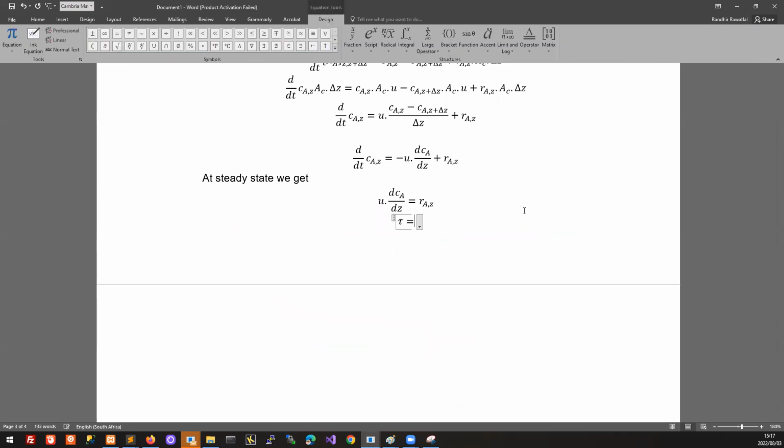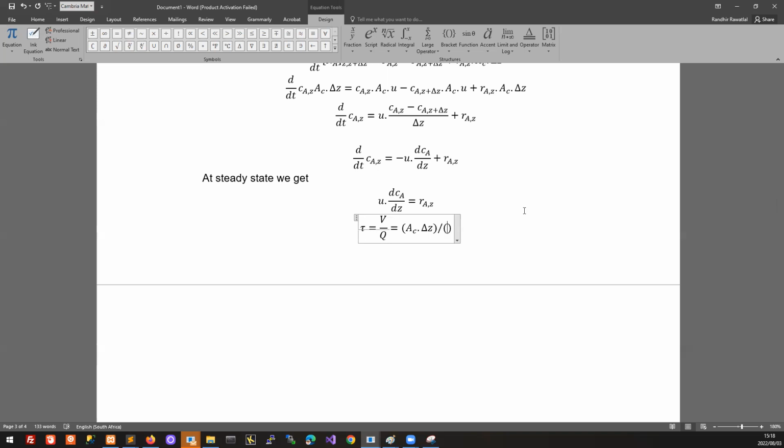So we can say here, tau equals V over Q, and V is nothing but AC times, let's call it delta Z. So by this delta Z, I mean the whole tube, right? Delta Z being the whole tube. So that's the volume of the tube.